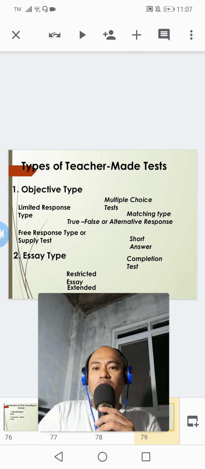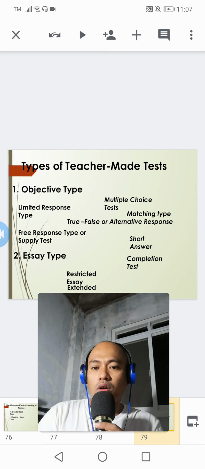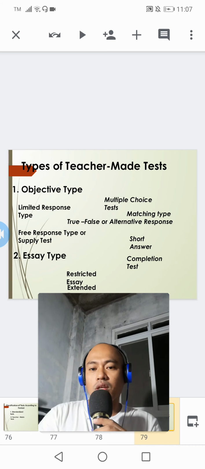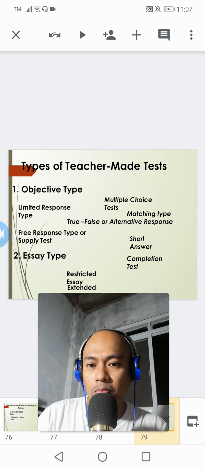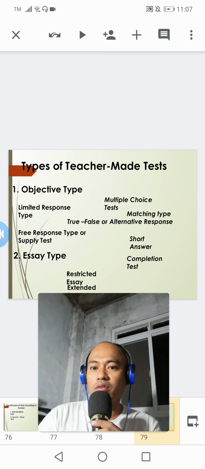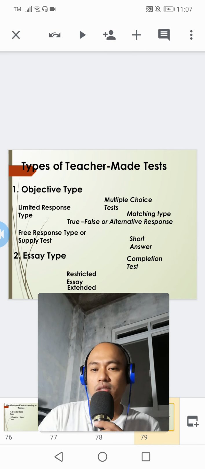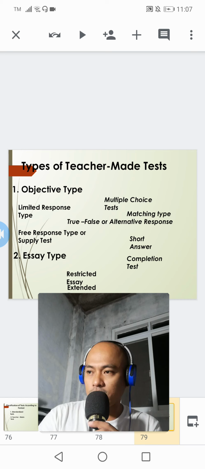These are now the different teacher-made tests that we need to consider when we are constructing a classroom test. There are two sub-classifications for this teacher-made test. We can have the objective type, or we can have the essay type, which we can also call the subjective type of test.